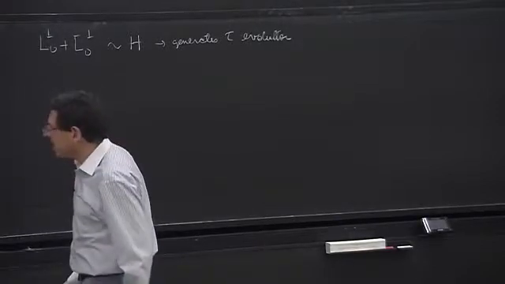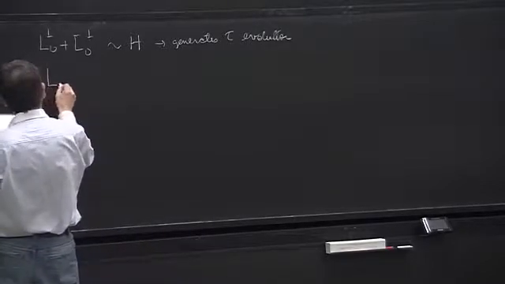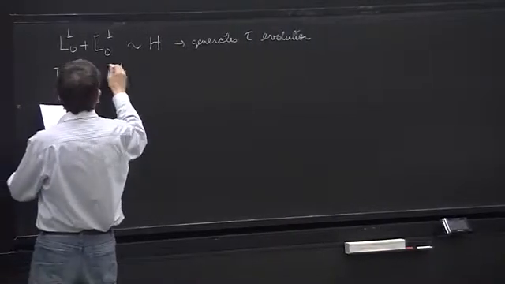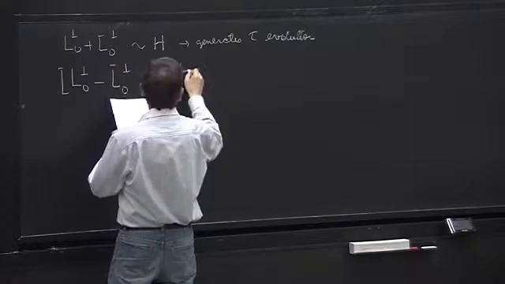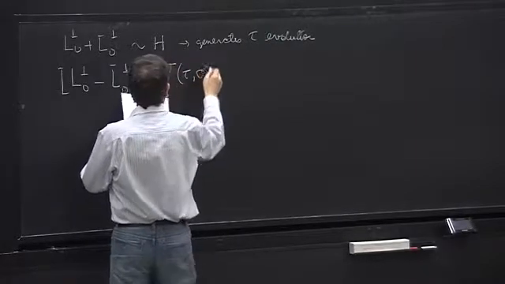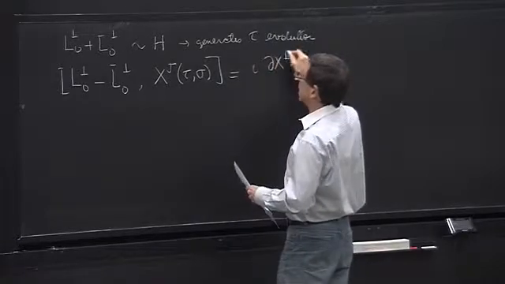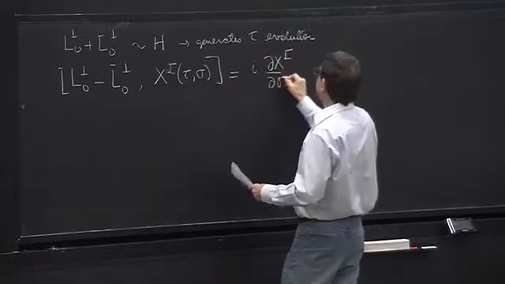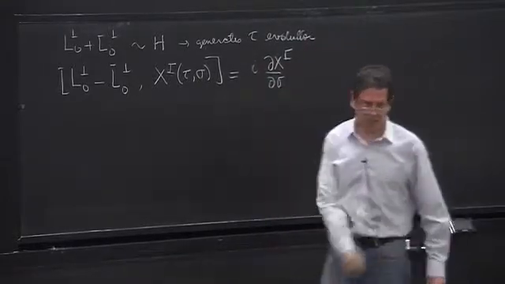So what is L0 minus L0 bar? With an exercise you will do today in the tutorial, you'll be able to show that L0 minus L0 bar, that's a very lovely thing, it produces d xi d sigma. Instead of tau translations, it produces sigma translations.